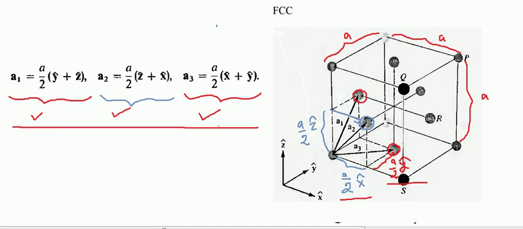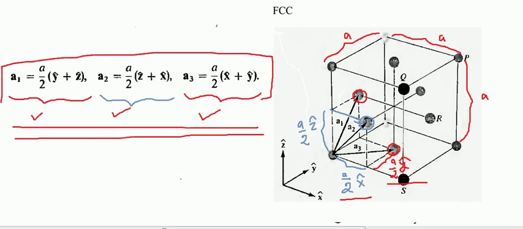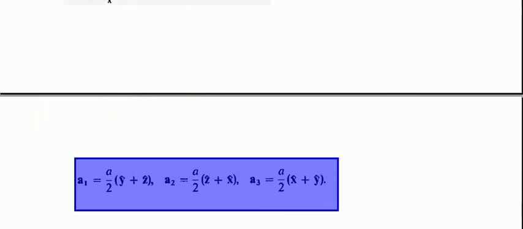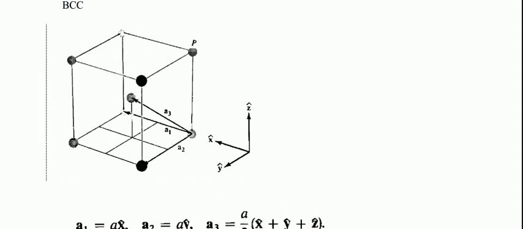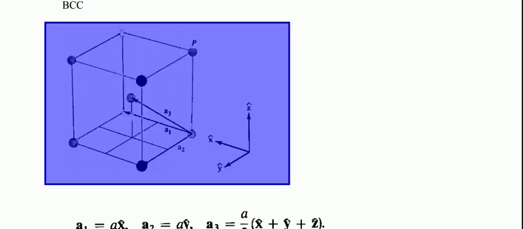Now there is something very interesting about these vectors. They can also be written in a different form. You can choose your origin, and the value and structure of these vectors can change according to the origin. For example, let me give an example of body centered. Here you see a body centered cubic lattice.